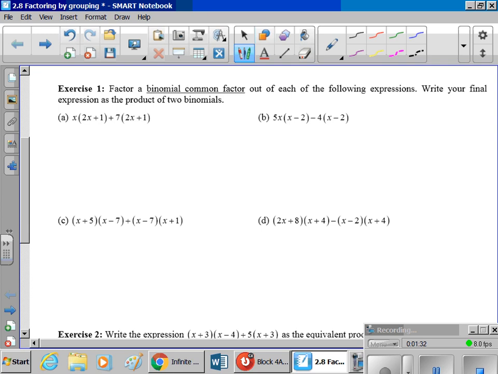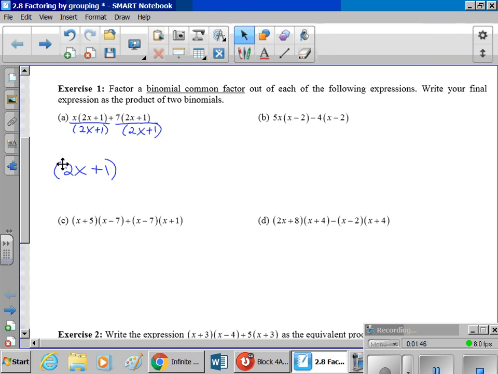In other words, the 2x plus 1 is going to be our common factor. So we're dividing out 2x plus 1 out of each one of these terms, I'm sorry. So these cancel, and we're left with x plus 7. So we just factored that by grouping.